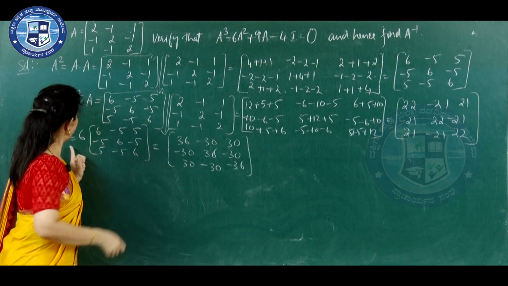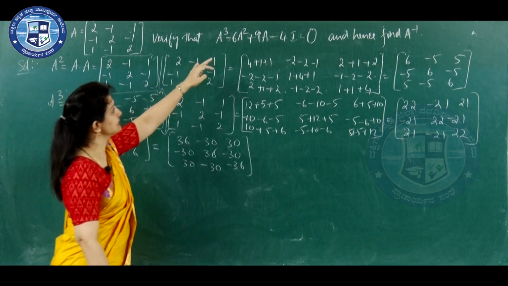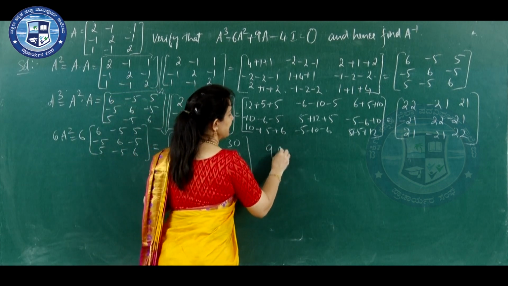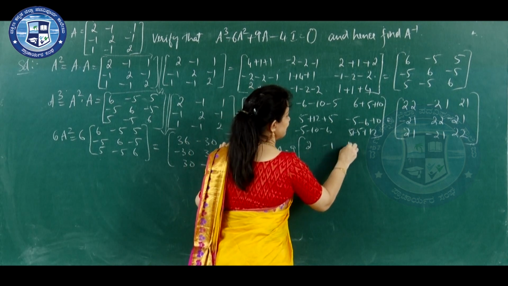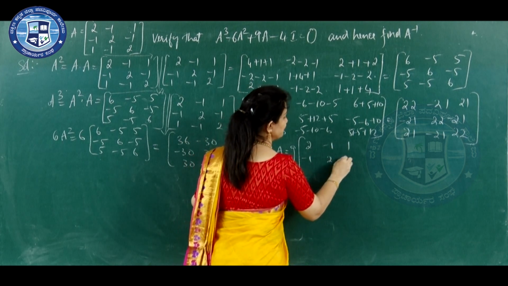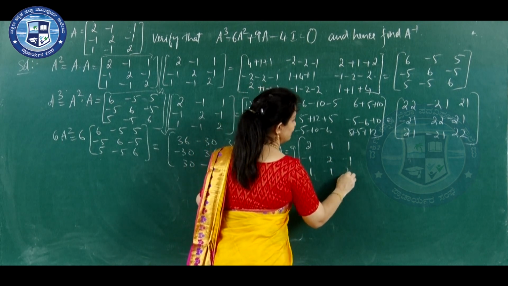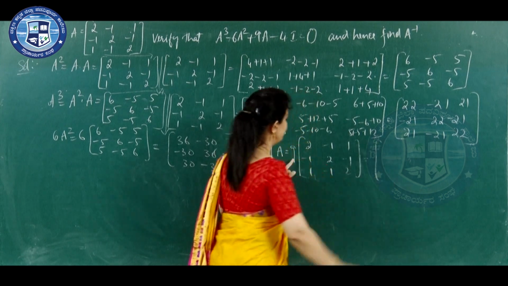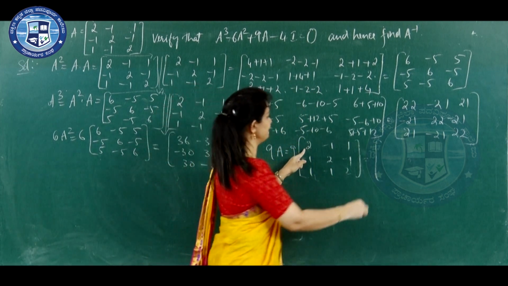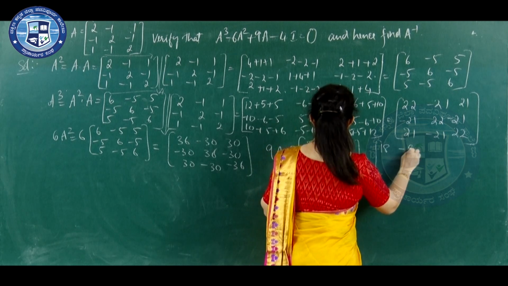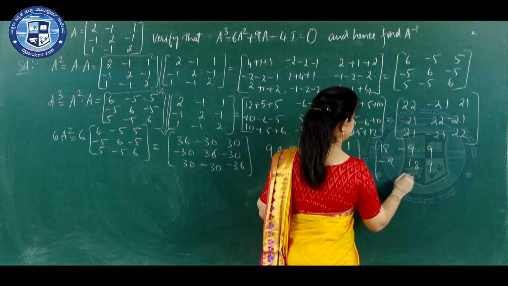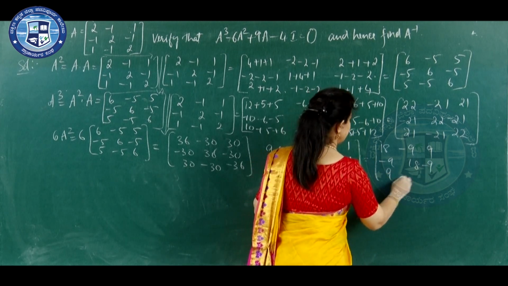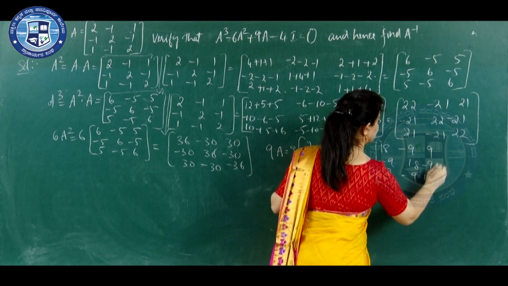This is 6A square. Next is 9A. 9A is how much? 9 into A, [2 -1 1; -1 2 -1; 1 -1 2]. When you multiply it by 9, what do we have? [18 -9 9; -9 18 -9; 9 -9 18].